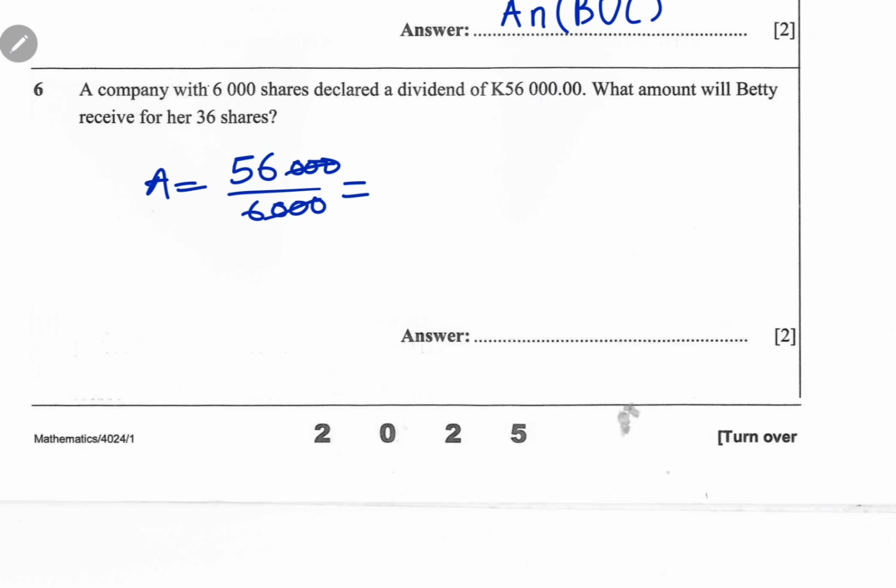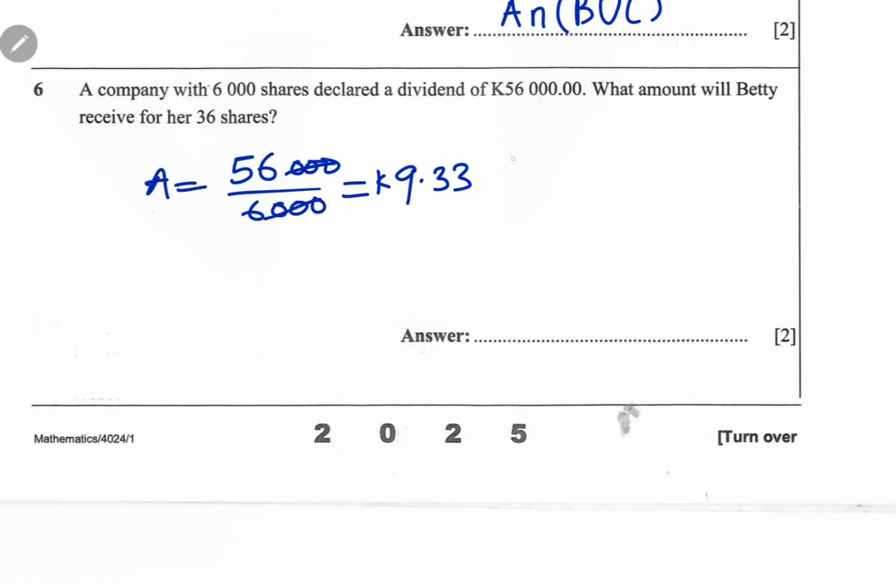Okay, what are you able to find? That is 56 divide 6. By the way, this is paper 1, so no use of calculator. So here you should be able to find 9.33. Okay, that is the cost or amount per share.